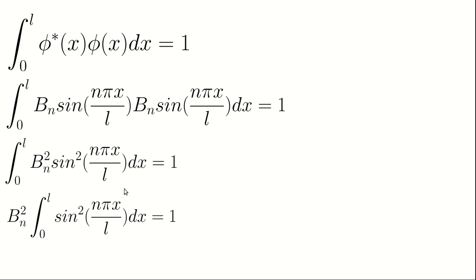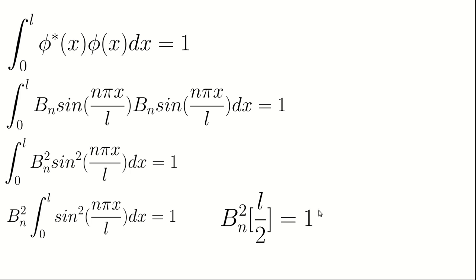Now when we integrate these parts, this part is going to be equal to L all over 2. The working is not shown here, but it can be shown. You can always fall back on some maths textbook on how to integrate sine squared n pi x over L dx, and that gives us b squared times L over 2 equal to 1.